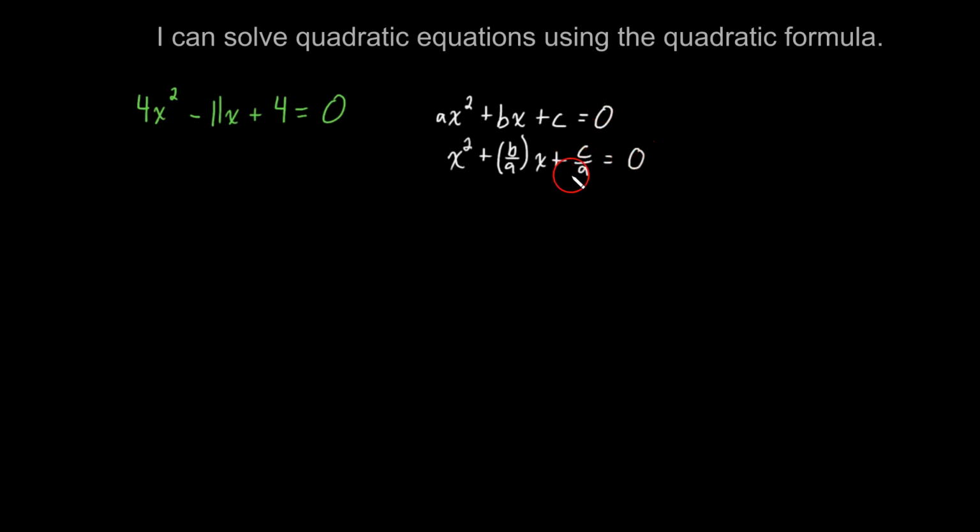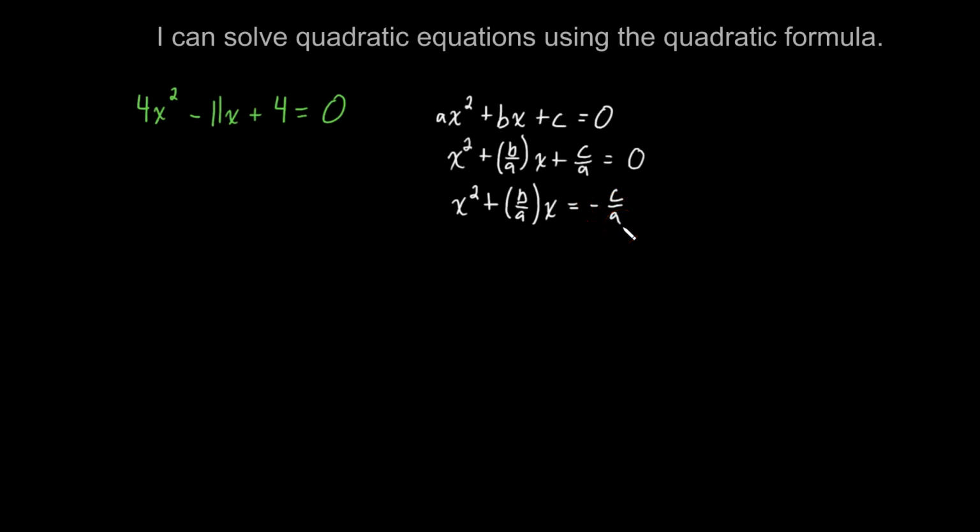And now we need to move this c over a over here, so we're going to subtract c over a from both sides. That would give us x squared plus b over a x equals negative c over a.